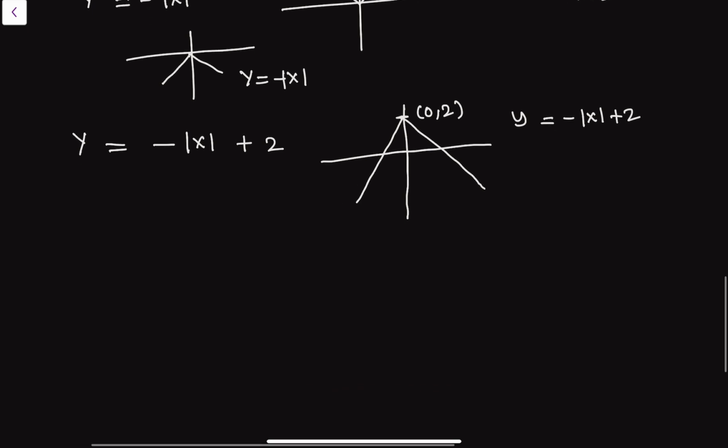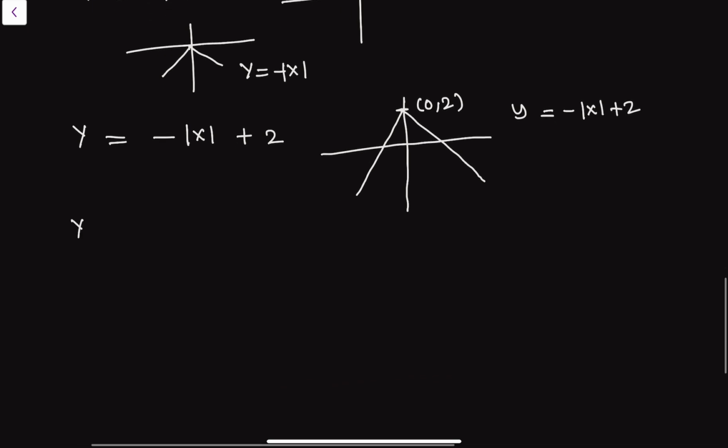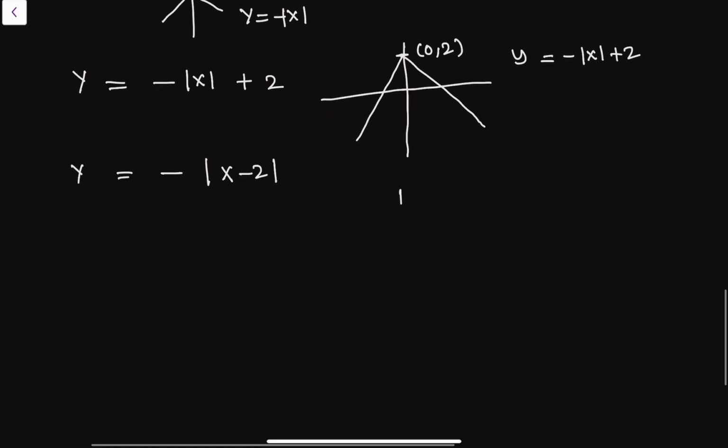Let's say you have to do the graph of y = −|x − 2|. Now to plot this, you simply draw the y = −|x| graph and then translate it 2 units to the right. The graph of −|x| is this.